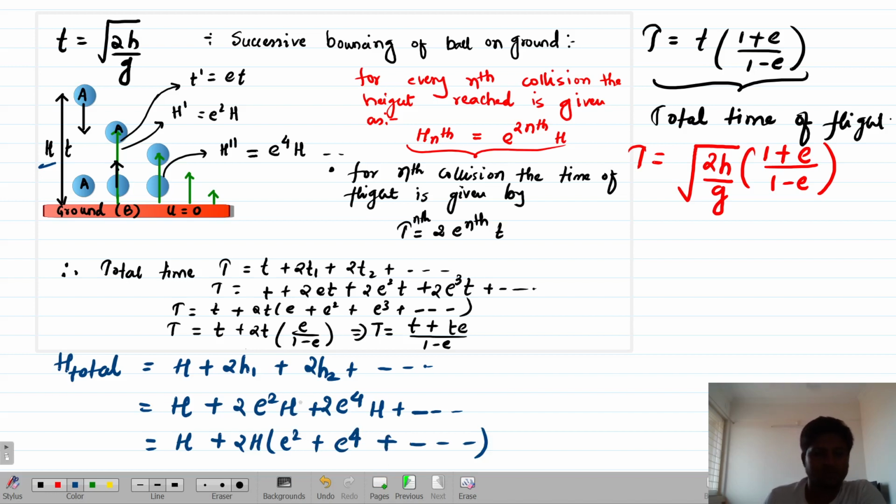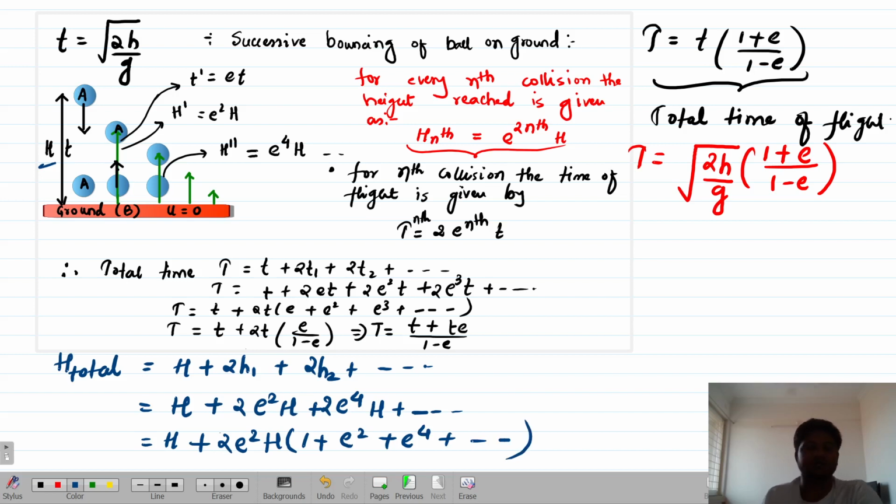Now, one minute. I think I will not get it in an easy way. Let me take another thing common. H plus, let me take twice, because without adding one we will not get anything. So twice e square h common. So it will be 1 plus e square plus e to the power of 4 and so on. Are you able to get me?